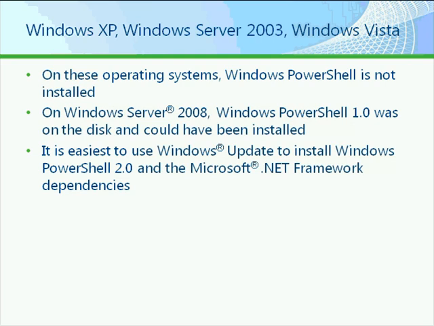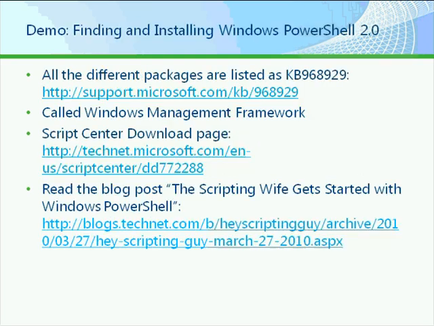There is a Hey Scripting Guy or a Scripting Wife article that ran last year that goes step by step through where to find PowerShell and how to do a manual install on a Windows XP machine. And I'll show you where those are in just a little bit.